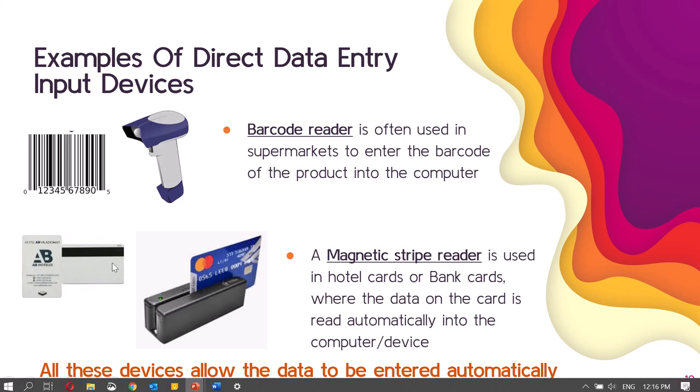You are not as a user manually entering this data into the computer, but rather the data on this magnetic strip is getting automatically entered into the computer as you swipe on this magnetic stripe reader. This is why both of these are examples of direct data entry input devices.